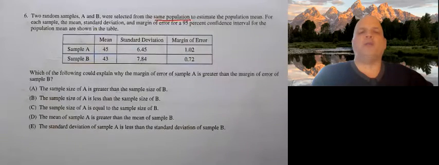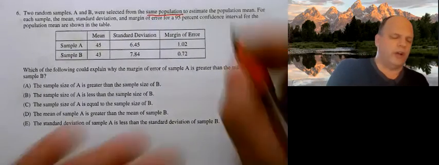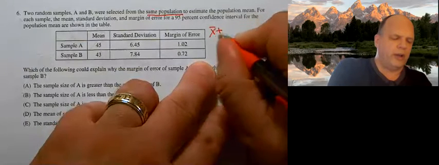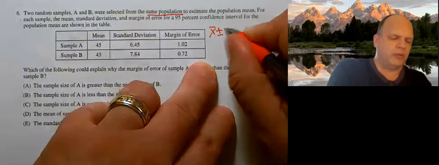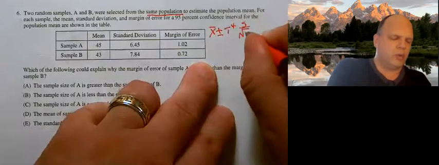Which of the following could explain why the margin of error of sample A is greater than the margin of error of sample B? All right, so first off, let's talk about what the margin of error is. x bar plus or minus t star times s divided by the square root of n.